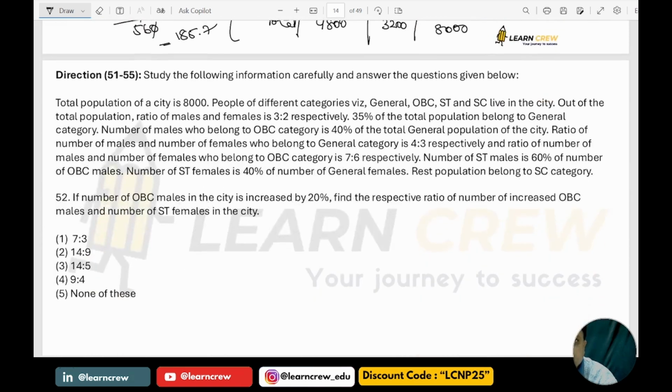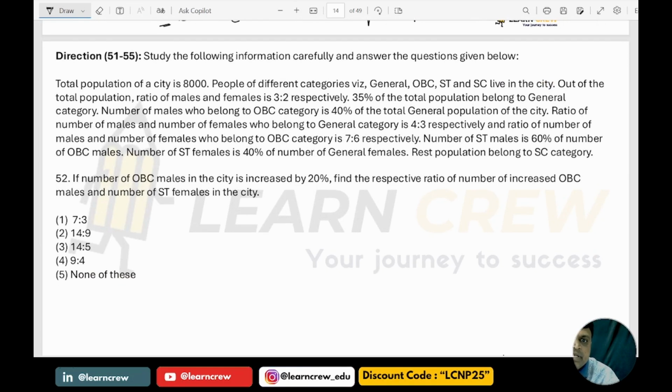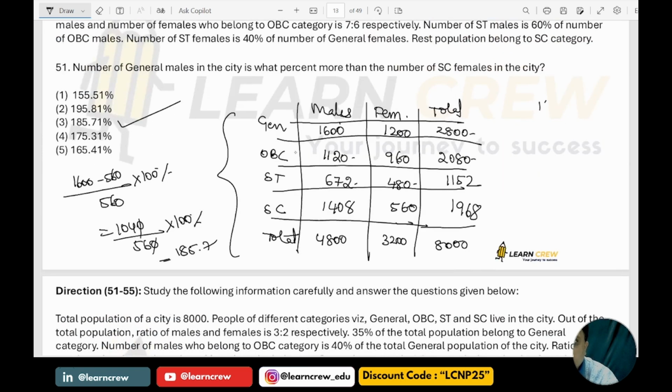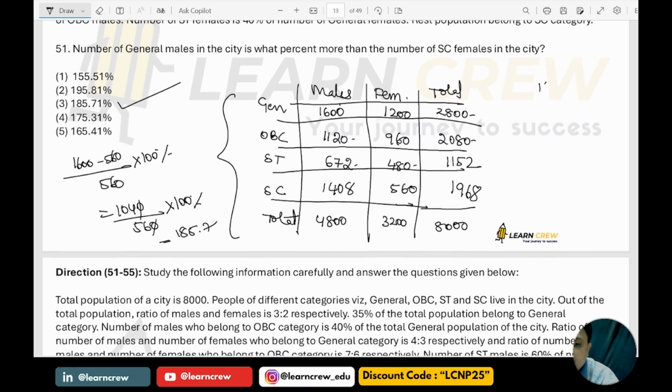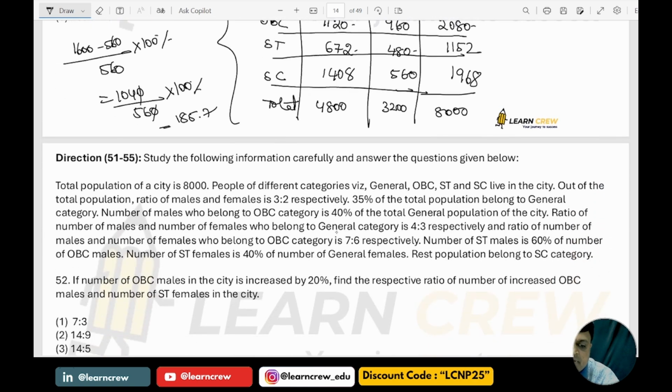Now next question, 52. If the number of OBC males in the city is increased by 20%. Now OBC males are how many actually? OBC males are 1120. 1120 increased by 20% means it becomes 120% of 1120, which is 1344.